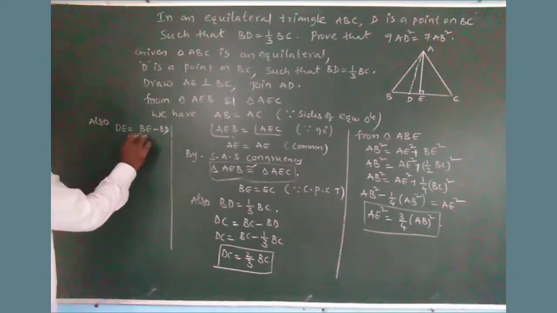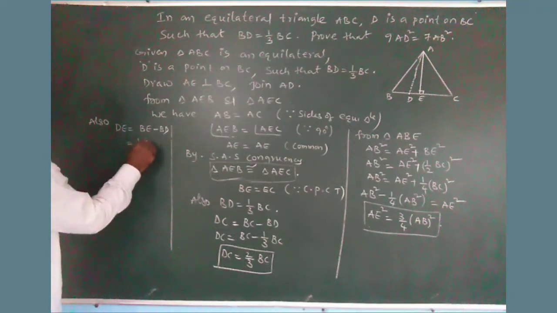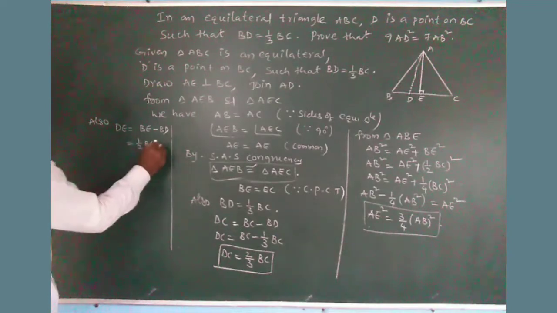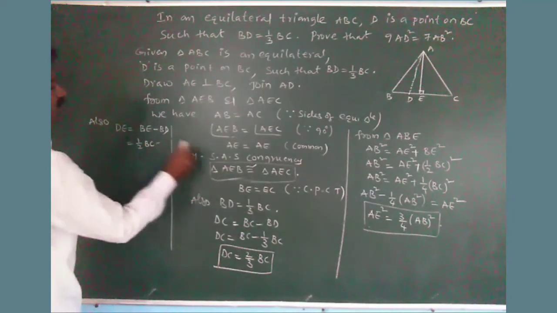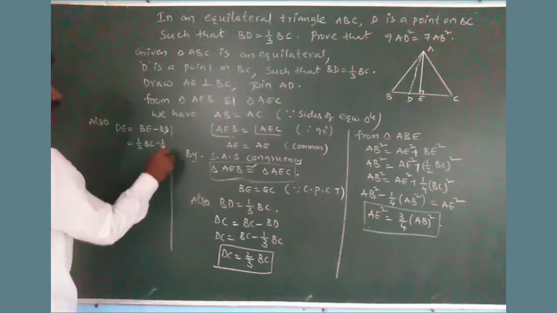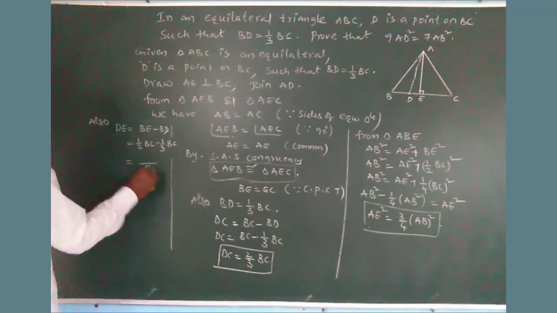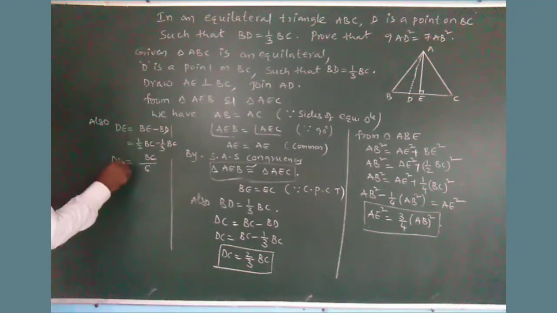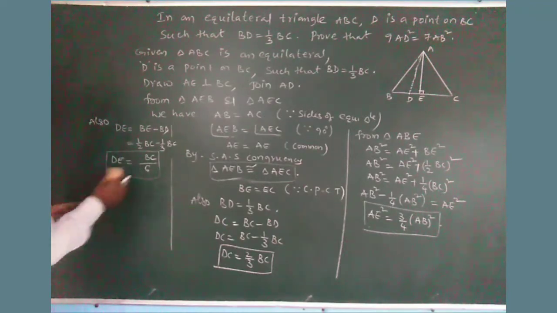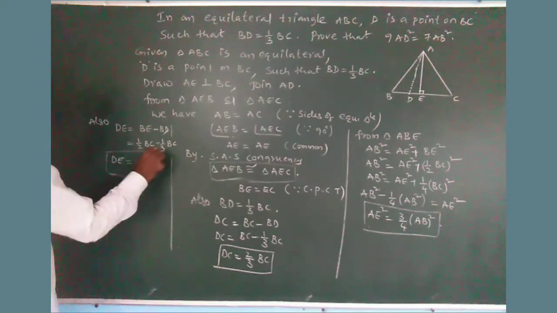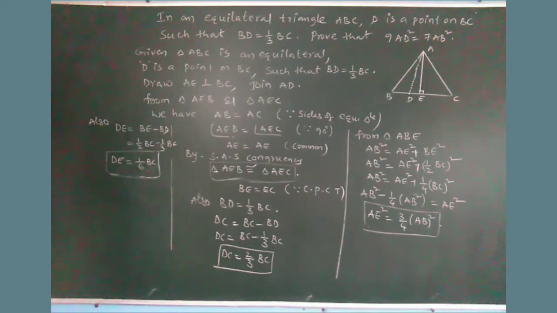Now BE is nothing but half of BC, whereas BD is equal to 1/3 of BC, which is already provided for us. Now the LCM is clearly 6, and DE is equal to 1 by 6 of BC. We can write 1 by 6 into BC.